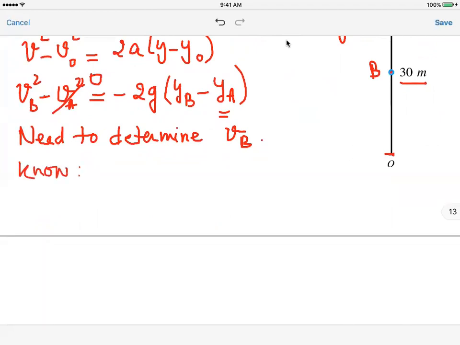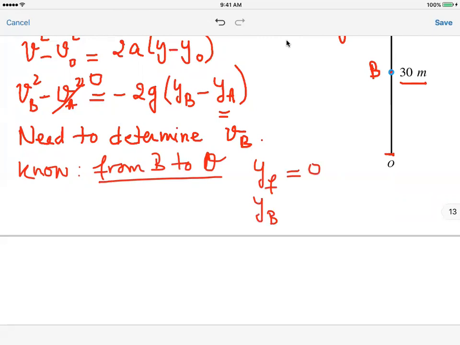From B to point O, we know that y final is equal to 0, y initial, which is yb, is equal to 30 meters.